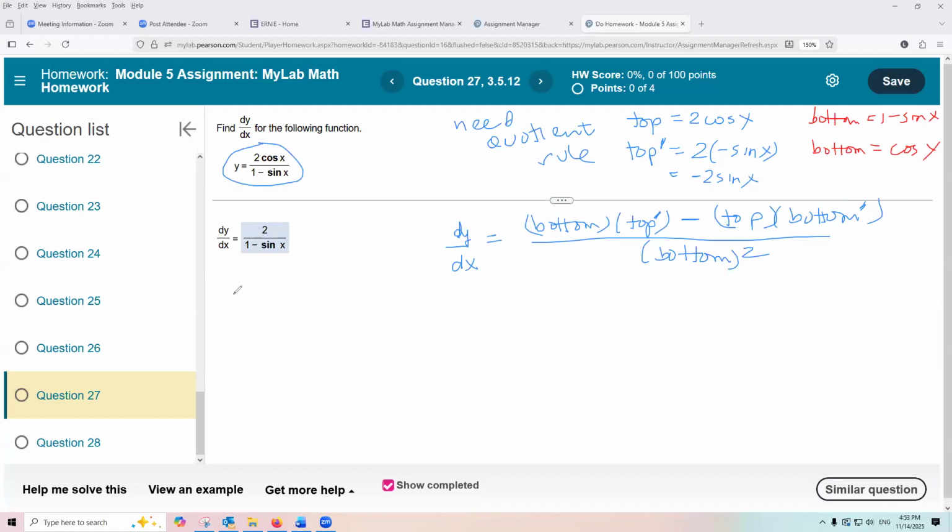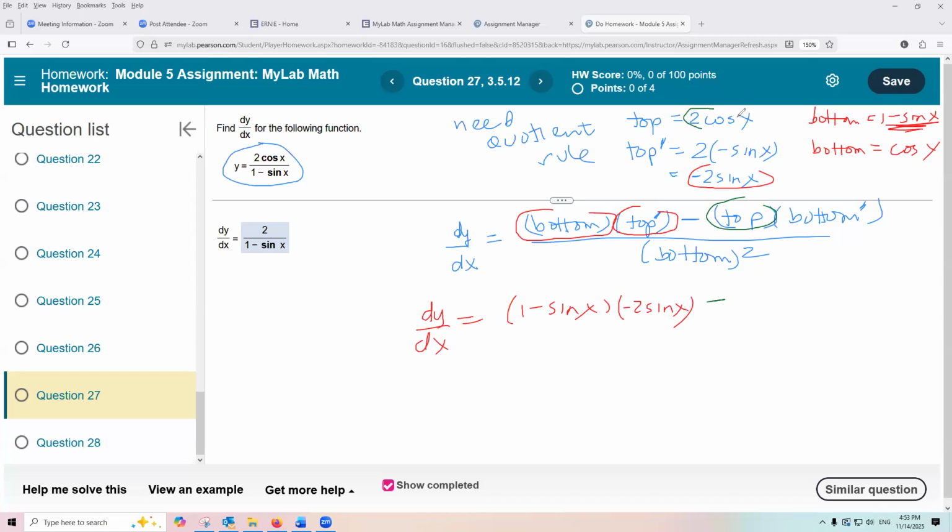All right, let's plug in then to this quotient rule. So for dy dx, we need the bottom. That was 1 minus sine x times the derivative of the top. That was negative 2 sine x. All right, let me come back here. Now we need the top.